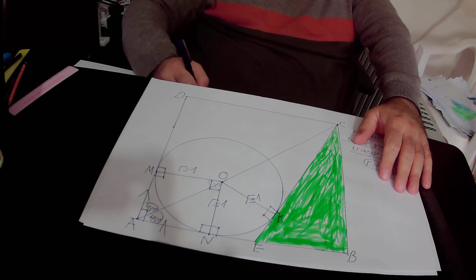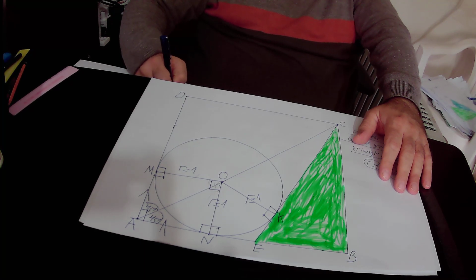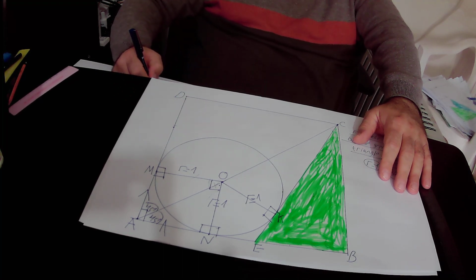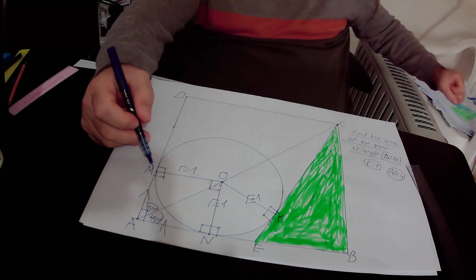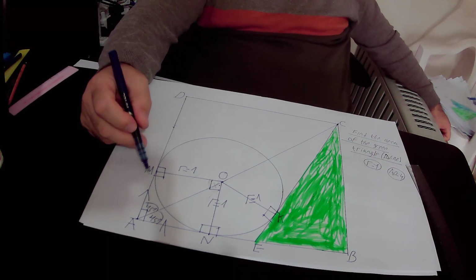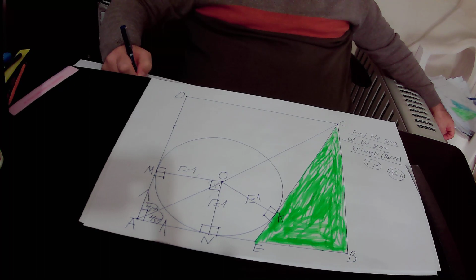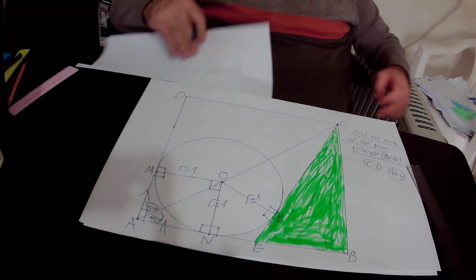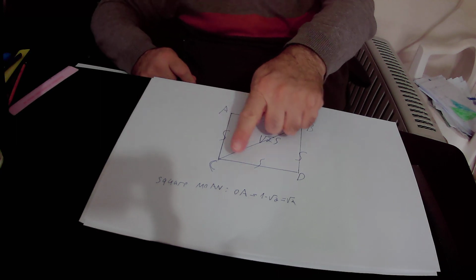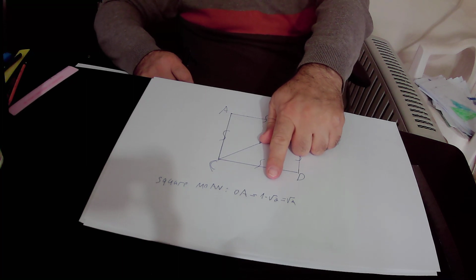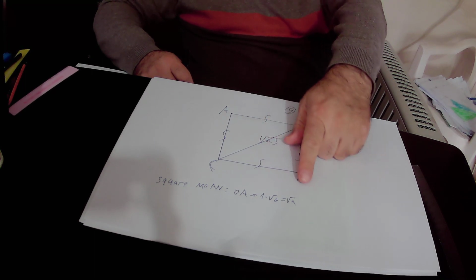In square MOAN, the length of diagonal OA, according to rule number 7, will be equal to the length of the square side, that is 1 unit, times square root of 2. 1 times square root of 2 is square root of 2.